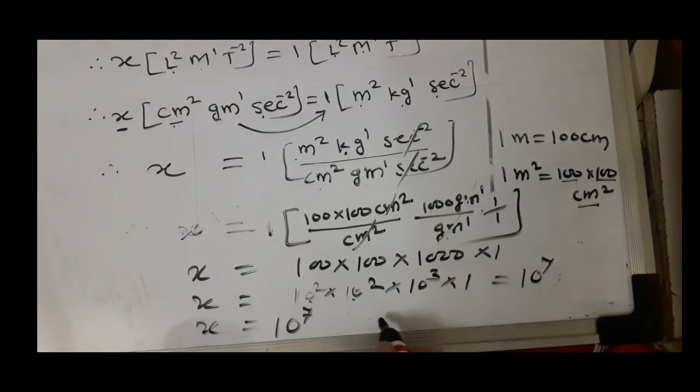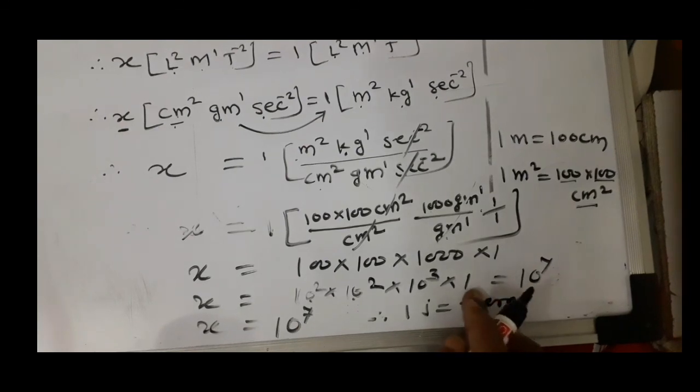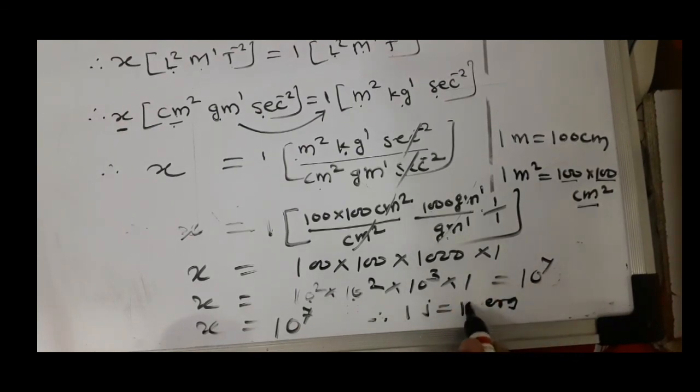Therefore, 1 joule is equal to X ergs. Instead of X, we write 10 raised to 7 ergs. 1 joule is equal to 10 raised to 7 ergs, and hence the proof. In this way, we can find the conversion factor between the two units of the same physical quantity. Do you understand this better?